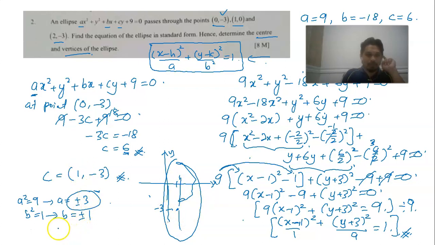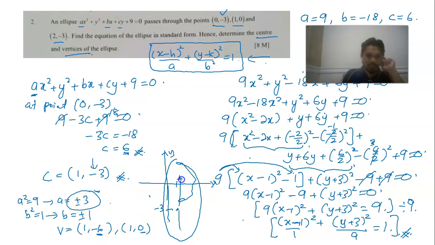So from here, the vertices are 1 and negative 6, and also 1 and 0. So plus minus 3 here. So 1 and the value of y will change from negative 3 plus 3 equal to 0, and negative 3 minus 3 equal to negative 6.